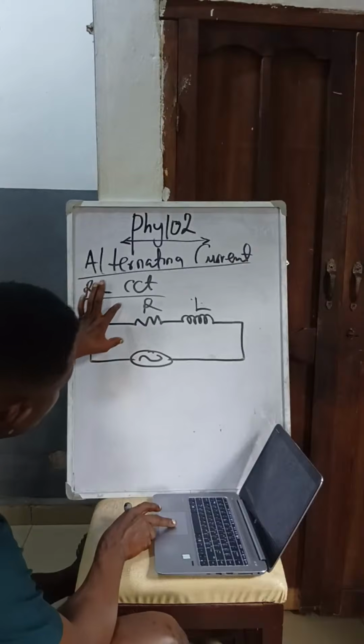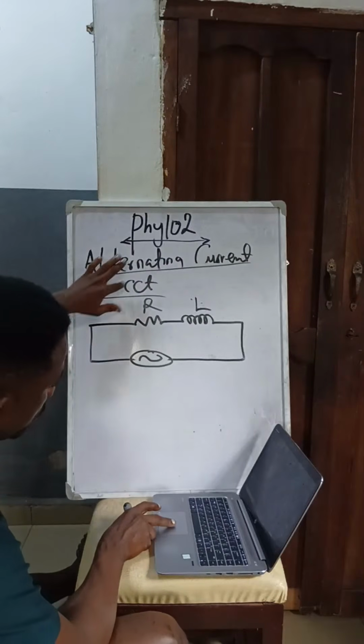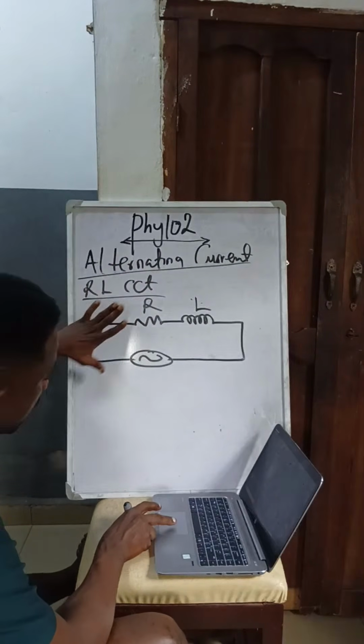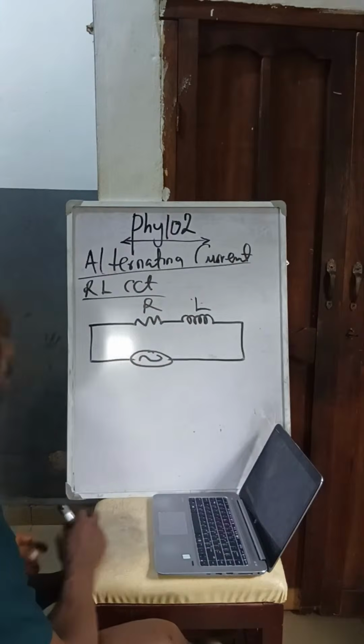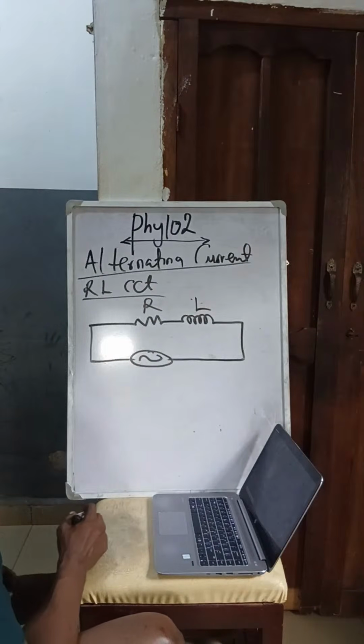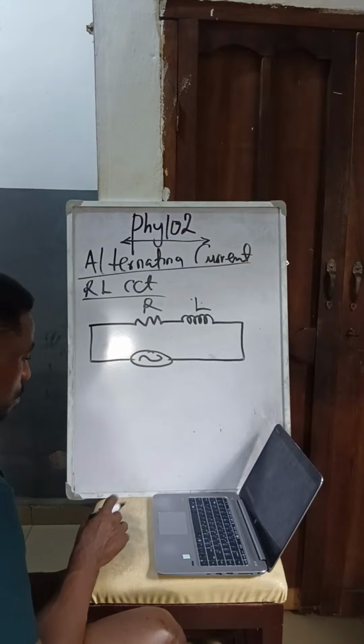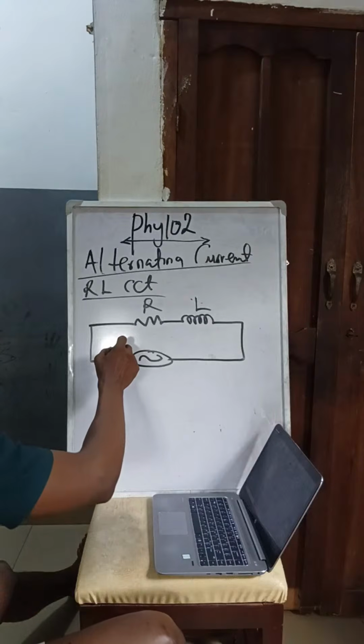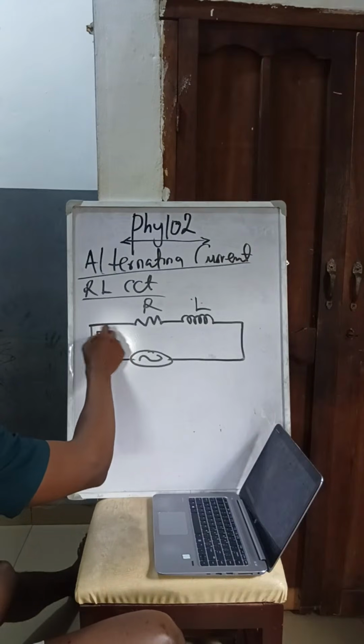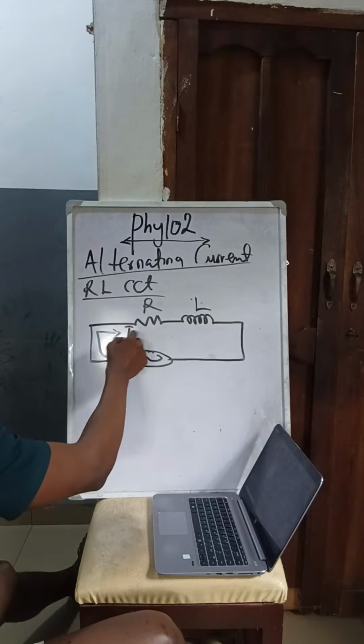So now we need to know the overall opposition that is offered by the circuit. So in doing this, we have to understand that current that flows through them is the same.